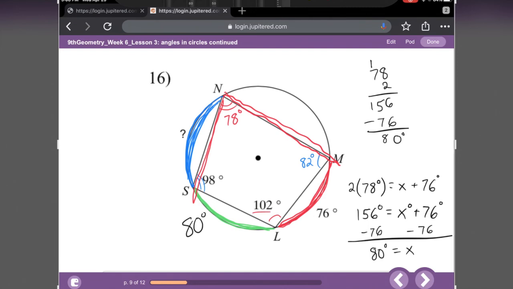Let's try to find another inscribed angle that stands on that blue arc, or part of it. Look at this one here. See this 82 degrees in this corner? It's the angle NML. So I know that the 82 degrees here is half of question mark plus 80. Let's call this y, just for now. I can write 2 times 82 degrees is equal to y plus 80.